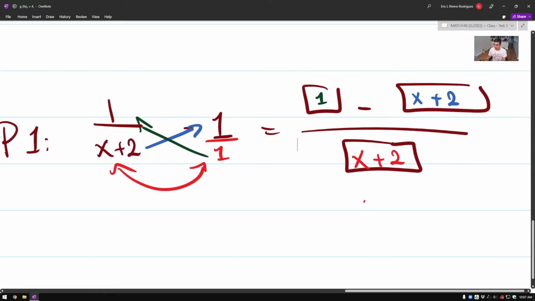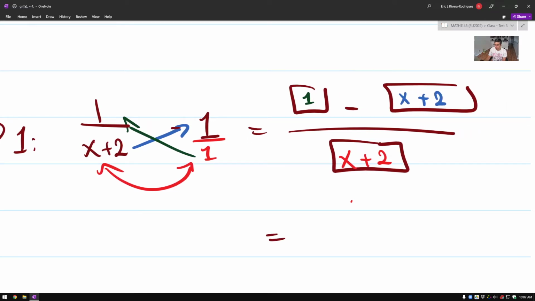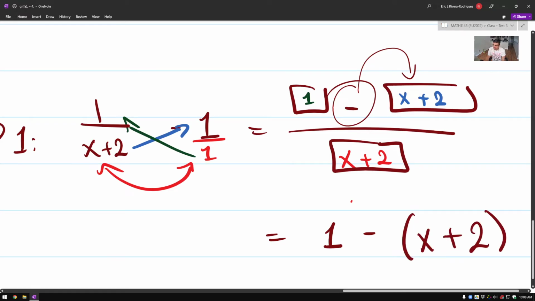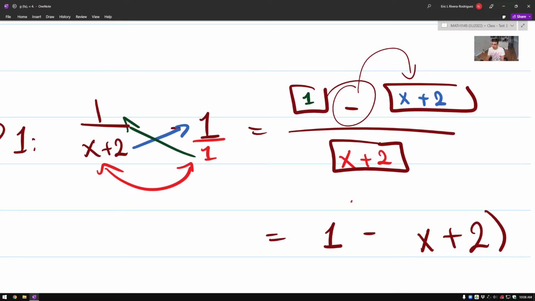Let's clean this up. So we have 1 minus, careful with this, there is a sign here and it is in front of this binomial. So let's use the parentheses to know that that negative goes to the entire binomial. A very common mistake is to just write x minus x plus 2, and that is wrong because we need to apply this negative also to 2.